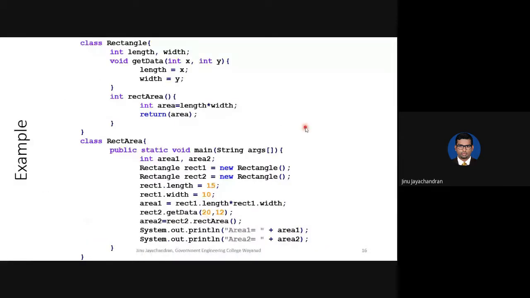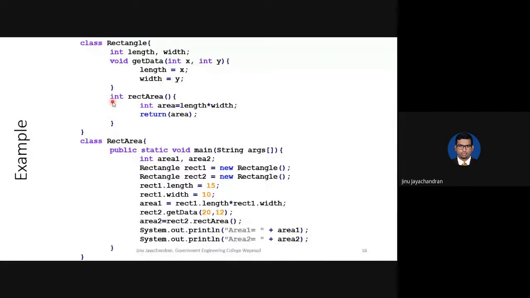Okay, let's look at a very detailed program. In this class Rectangle, there are two variables, length and width, and a method called getData, which accepts two input arguments x and y of type integer, and x is assigned to length, y is assigned to width.